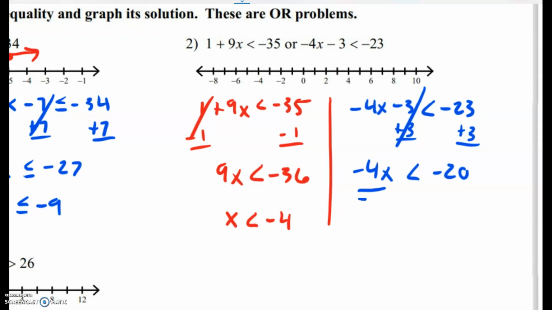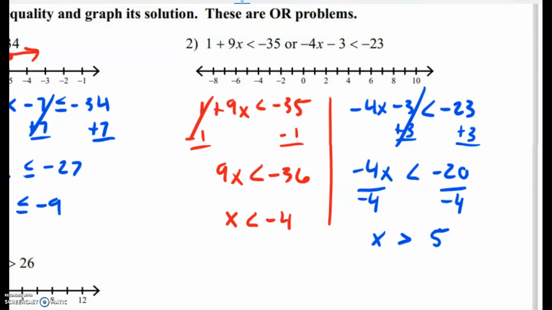Divide by negative 4. And what happens when you divide by a negative? You have to flip that inequality, so don't forget that. Negative 20 divided by negative 4 is positive 5. So x is less than negative 4, or x is greater than 5.